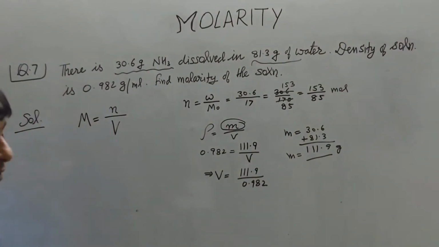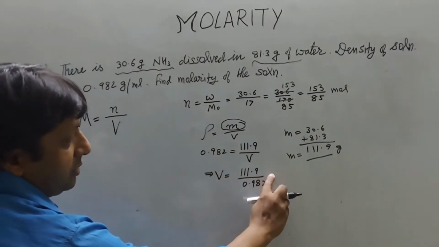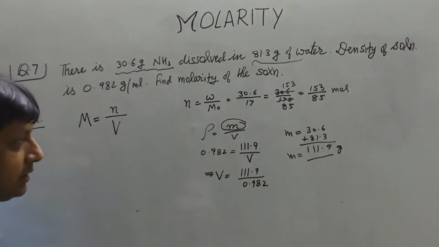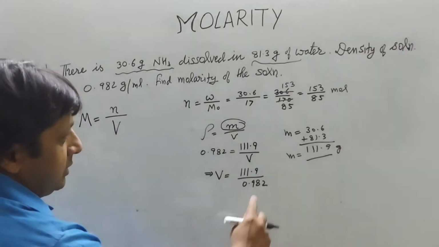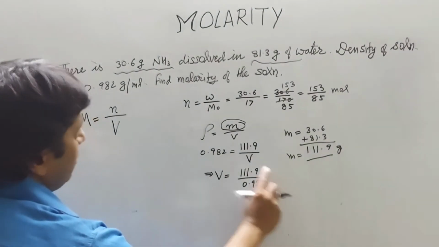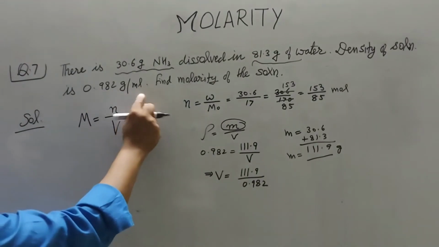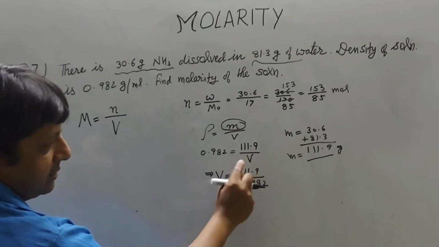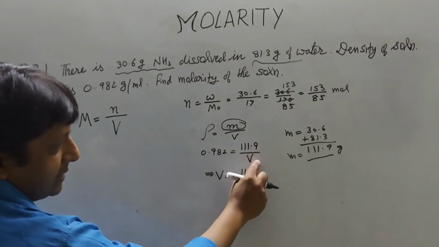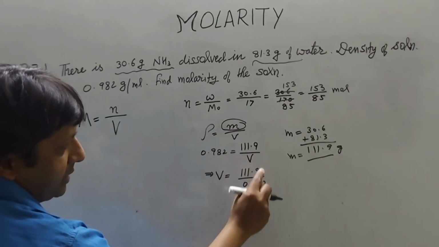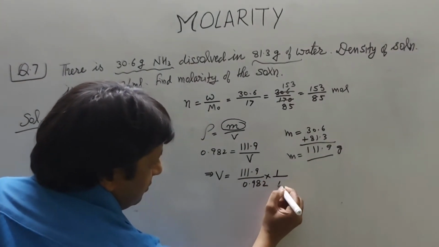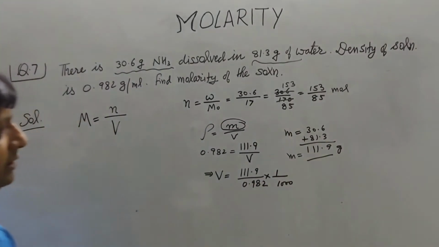Can anyone think about the unit of this, whether it is in milliliter or liter? Good, it will be in milliliter because density is in gram per milliliter. That is why volume is coming out to be in milliliter. In order to convert it into liter, we will divide it by 1000.